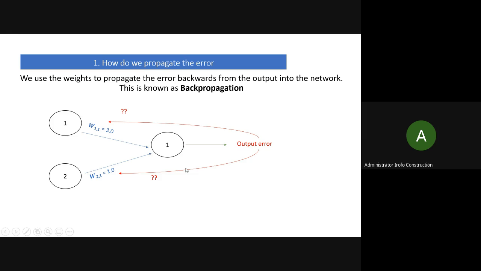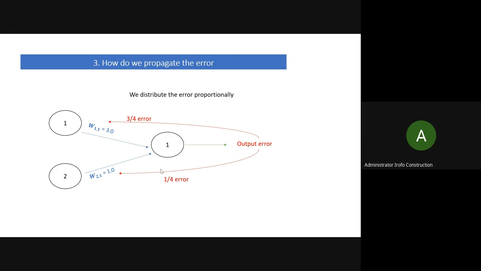Are you sure? So what I'm just trying to say is, after the prediction, we get an error. And what can we do with that error? Should we share the error among the nodes contributing to the output, or just give that error to just one node? Normally, what we need to do is distribute the output error that we had among the contributing nodes.